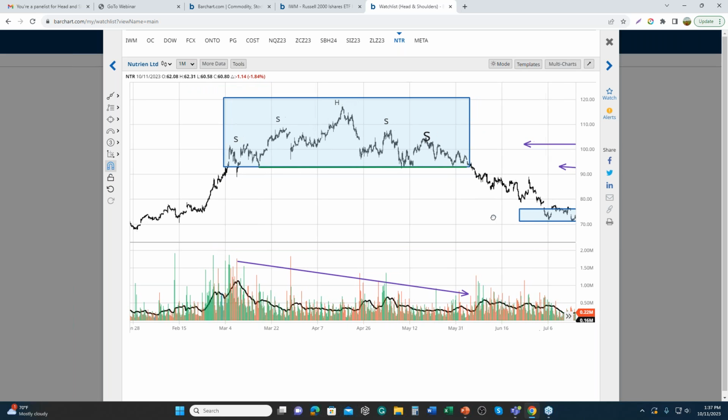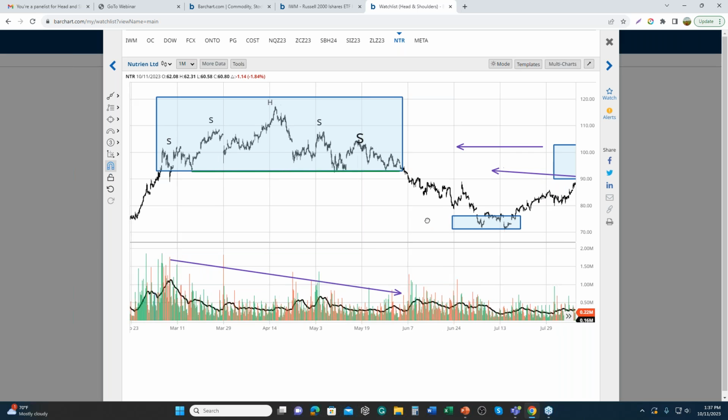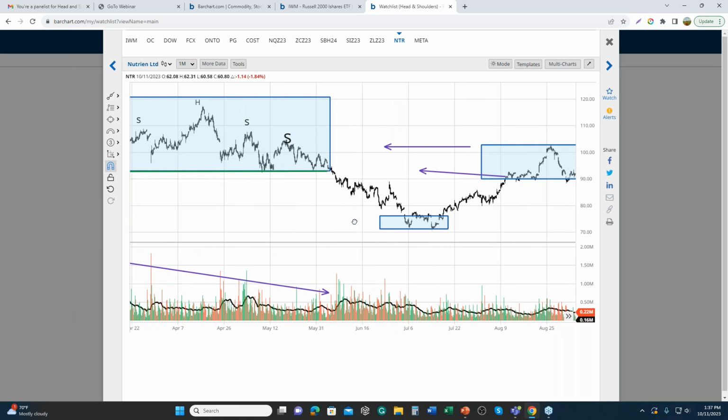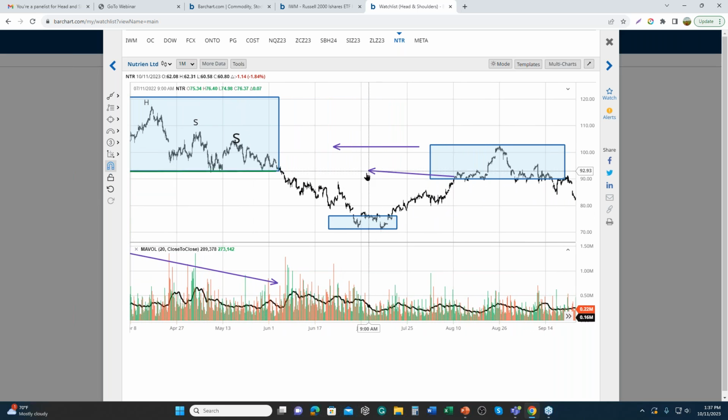And then on the preceding rally, now notice this, whoops, my little purple line got a little out of whack. Notice that we make a head and shoulders pattern later in time, where our left shoulder is in line with our previous neckline, and our head is in line with our previous right shoulder.